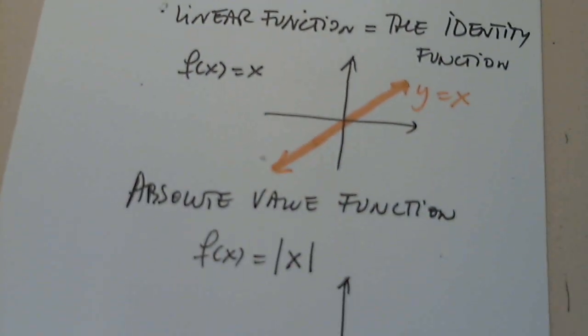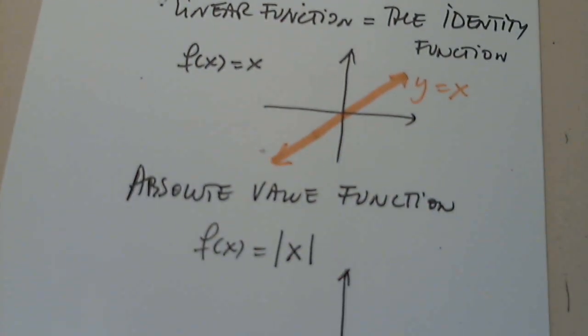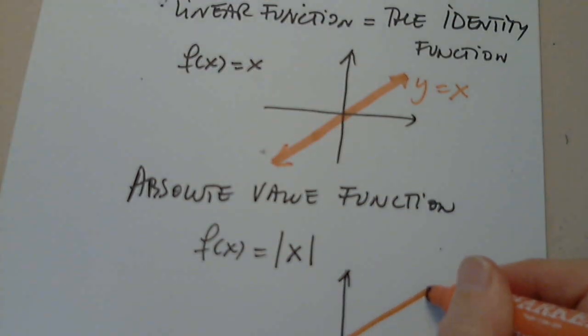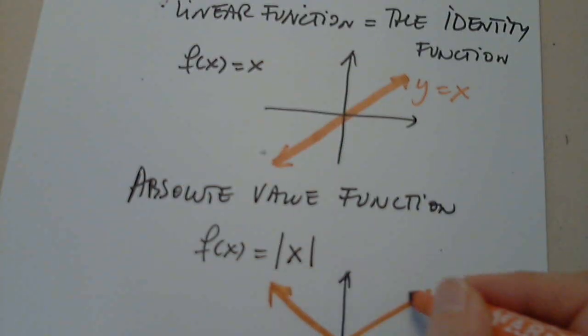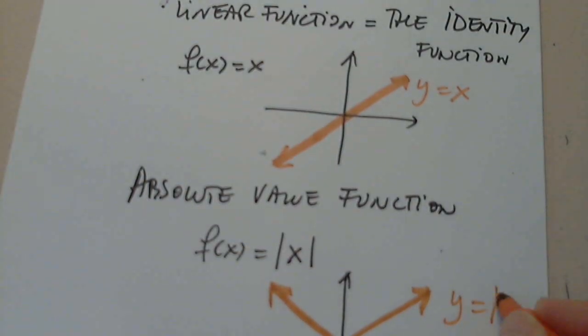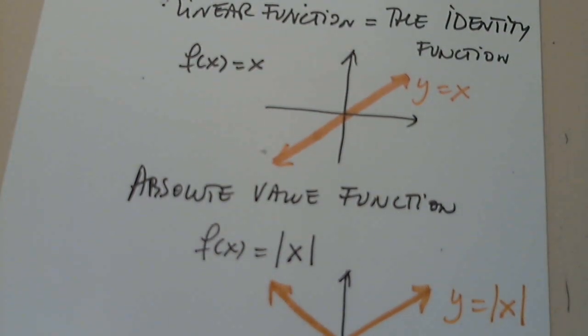Not really, because it doesn't sit on anything. And this one is a v function. This is like a v. It bisects the first quadrant and the second quadrant into two equal parts. Y equals the absolute value of x.